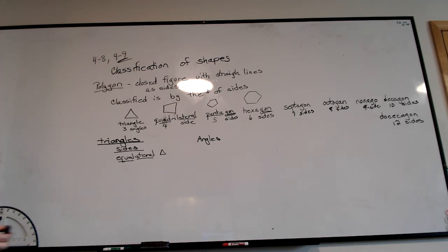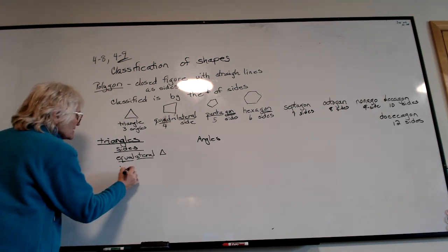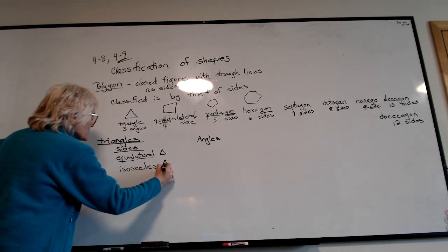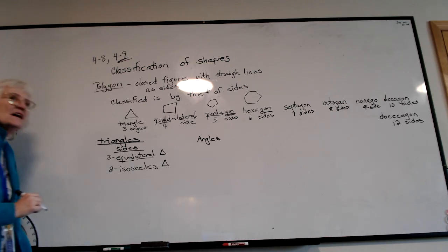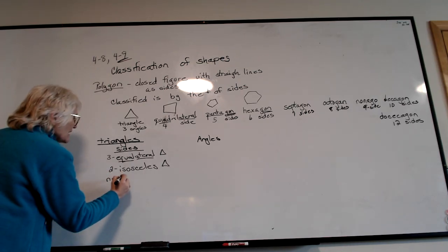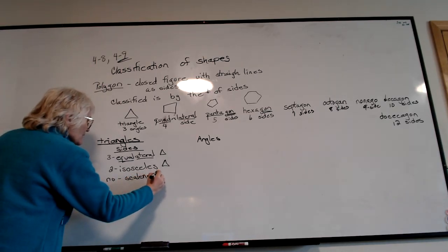So equal sides, then there's 2 equal sides, that's an isosceles triangle. So this has 3 equal sides, this has 2 equal sides. And if there are no equal sides, it's called a scalene triangle.